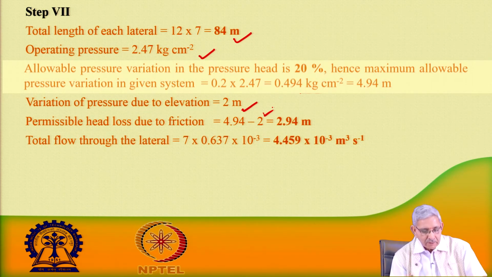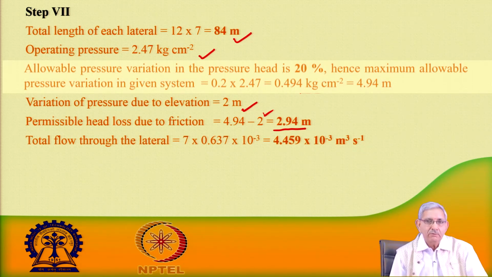The remaining allowable pressure is only 2.94 meter. This 2.94 meter will be considered for estimating the diameter of the pipeline, means this will be used for head loss due to friction.